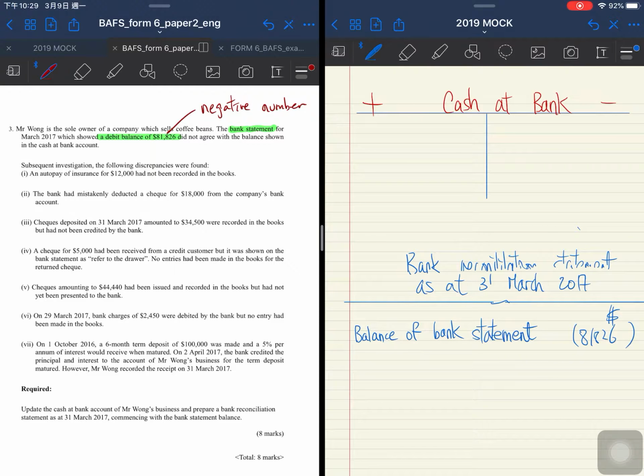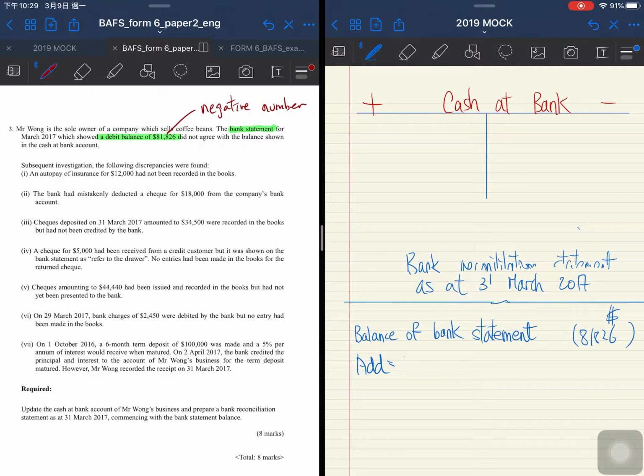So remember, when doing the BRS, normally for the first way, that means when we do the cash at bank account first and do the BRS later, we add the unpresented cheque and less the uncredited cheque. But for the second way, we do the reverse.